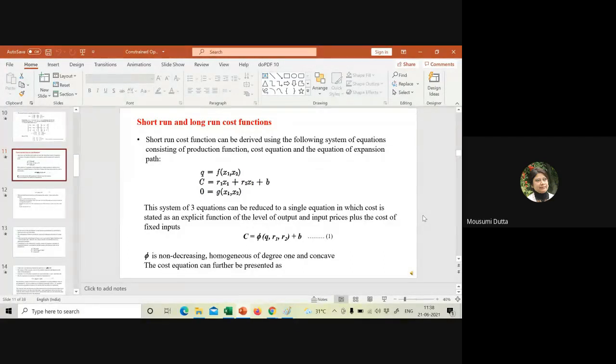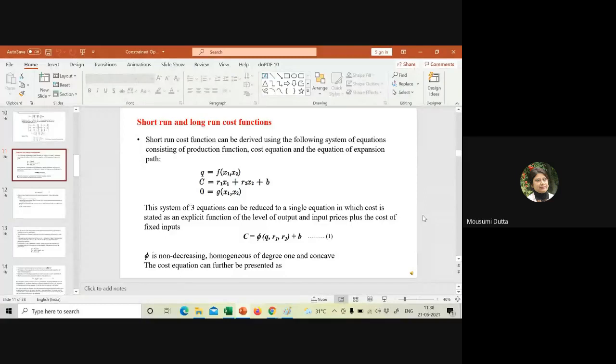However, to derive the short run cost function, we will follow a similar mechanism. It's not that we will follow some other method. The difference is that all the factors of production are not variable. Some of the factors will remain fixed. We bring in this idea in terms of the plant size.